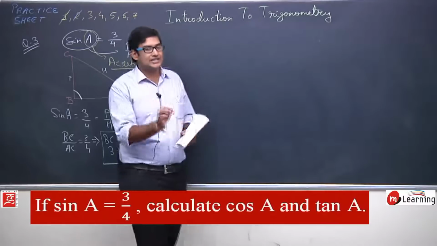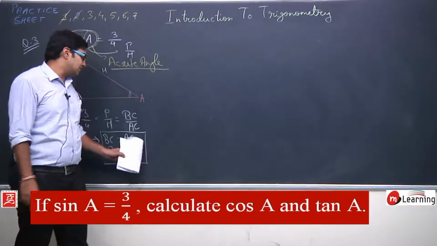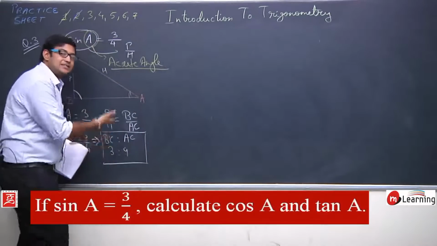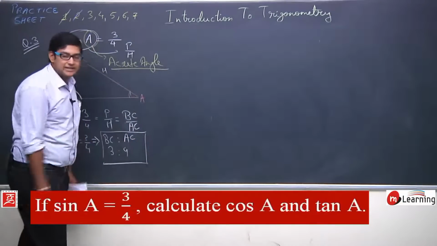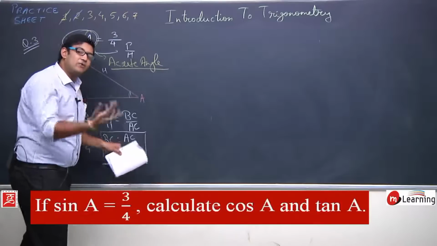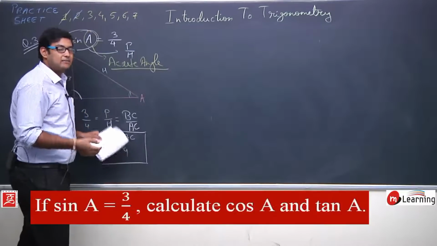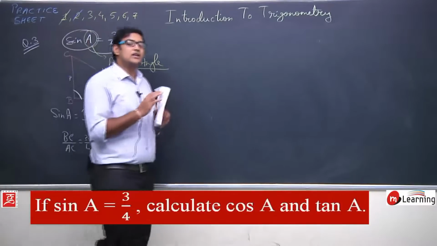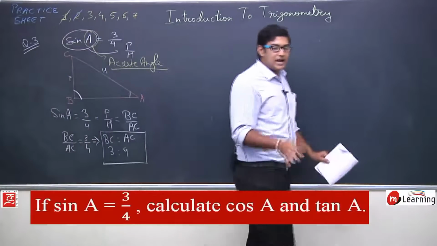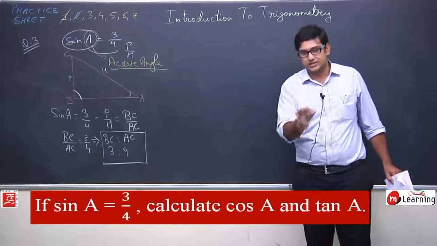You cannot take BC as 3 centimeter and AC as 4 centimeter. Why? Because this is only the ratio. BC can be 6 centimeter, AC can be 8 centimeter. BC can be 30 centimeter and AC can be 40 centimeter. BC can be 300 centimeter and AC can be 400 centimeter. It is not fixed that BC and AC are 3 centimeter and 4 centimeter. It is not fixed. Okay?